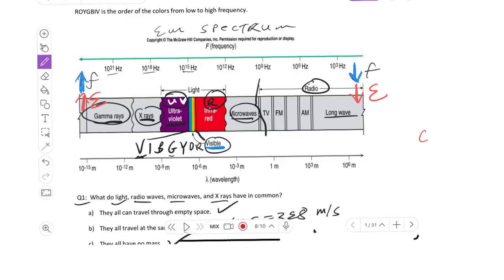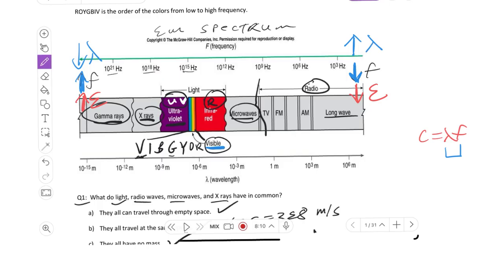Now, because c equals wavelength times frequency, we can also say that frequency and wavelength are inversely proportional, as we learned before. So the high frequency side would have the short, low wavelengths, and the low frequency end of the spectrum would have long wavelengths.